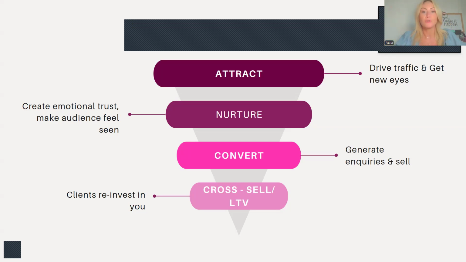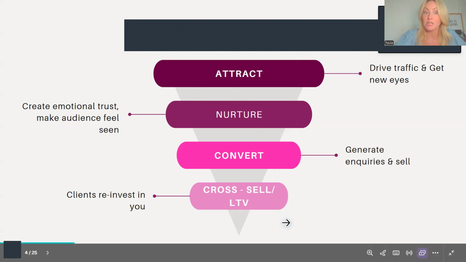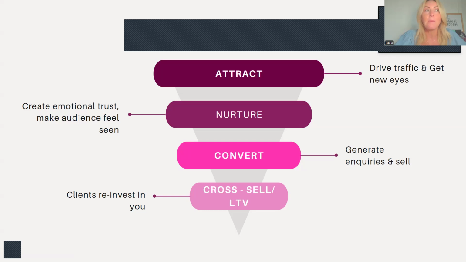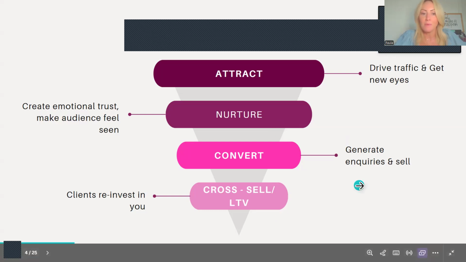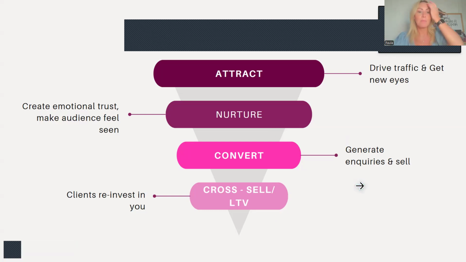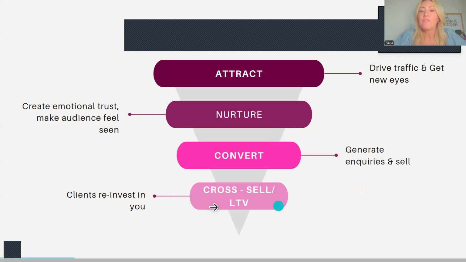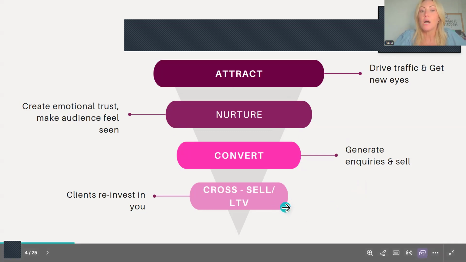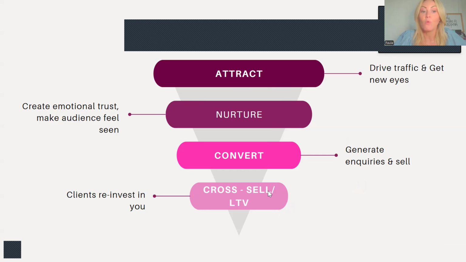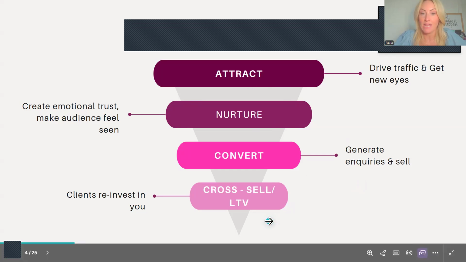Now, what I want you to do before we go any further is pause this and look at this buyer journey, and think not just, where am I showing up in my content? But I also want you to think about, what role is my content playing? So if you looked at, say, your last 10 posts, what role has your content played?